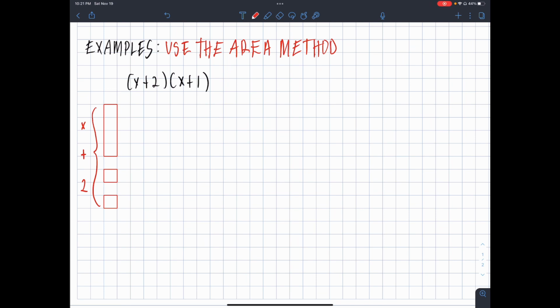Now we'll do this one, the one that we're missing. So let's do it again. This is our x, and since we have 1, we'll just draw one little box here. And right here is our x plus 1. X plus 1 plus 1, which is just 2.